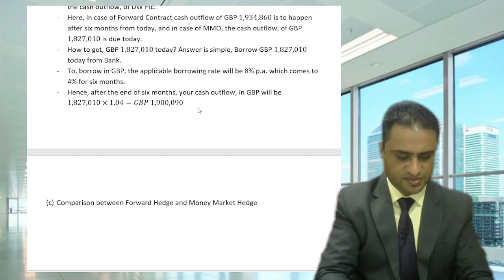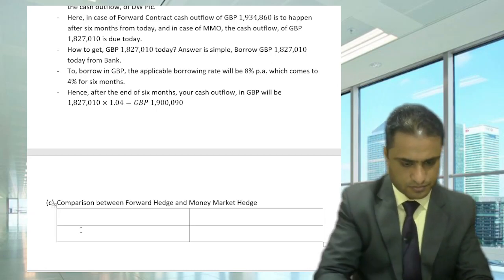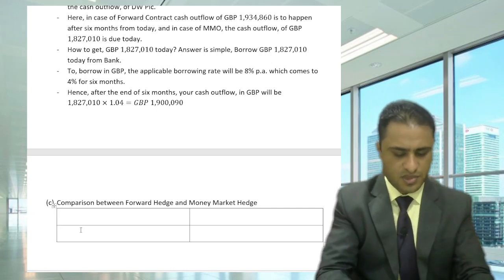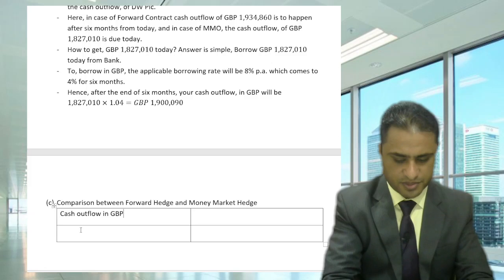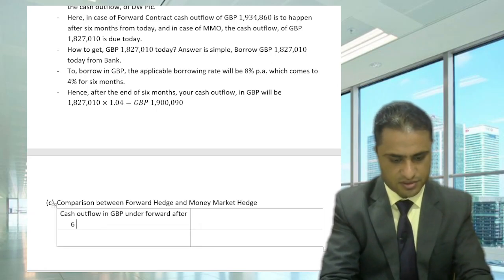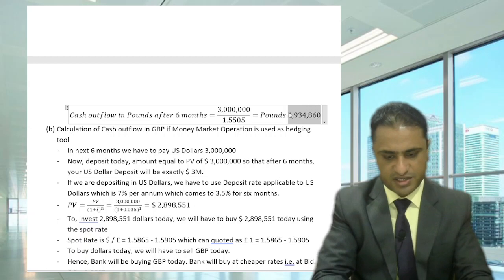So let's prepare a small table. Put up here cash outflow in Great Britain pound under forward after 6 months from today. This figure we already have. This figure is 1934860.